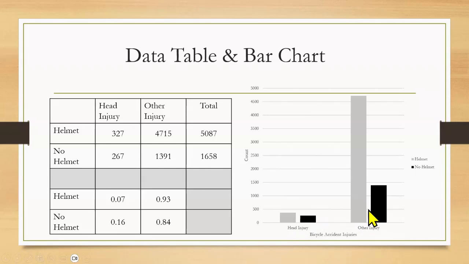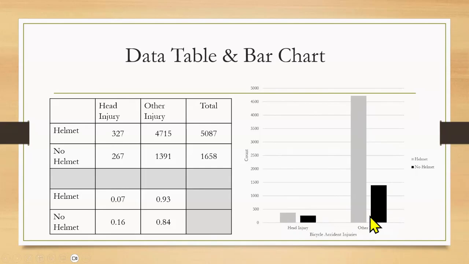But if we have a big difference in sample size, look at the other injury compared to the head injury. We've got a lot more other injuries because we have a lot more cyclists, right? And the proportion of other injury to head injury is much bigger. So there's a bigger difference between how many other injuries and how many head injuries there are.